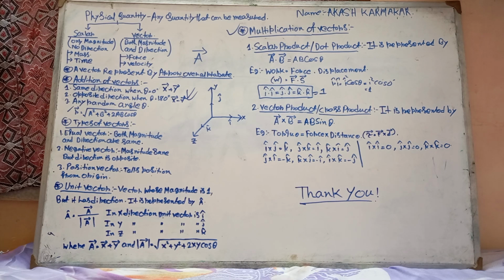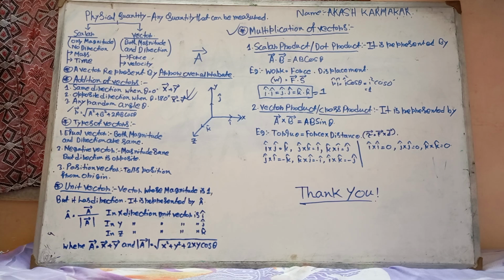So the first is physical quantity. Any physical quantity that can be measured in the world of physics can be of two types: the first is scalar quantity and the second is vector quantity.